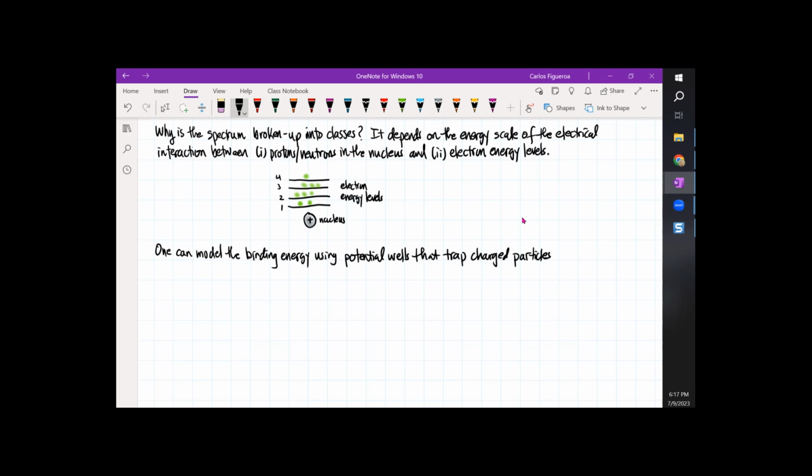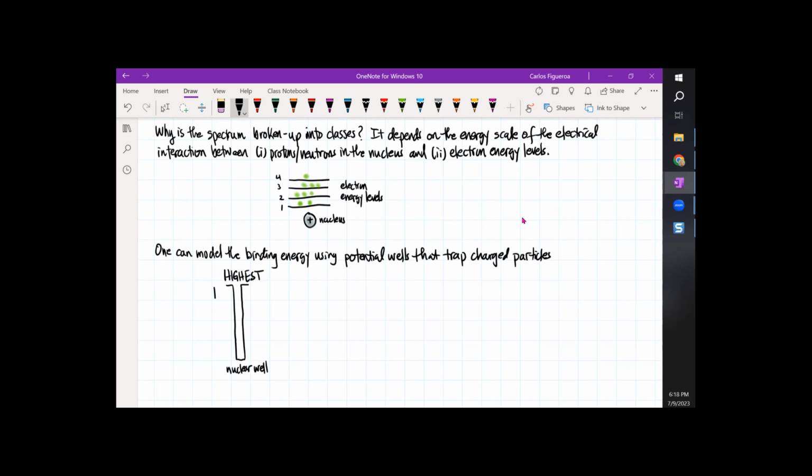So the highest binding energy have the deepest well. If you look at this guy, it's going to be a deep well. And the deepest wells are nuclear. Their nuclear wells are the deepest ones.